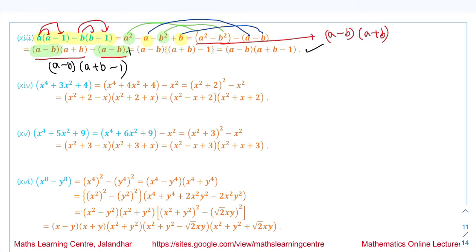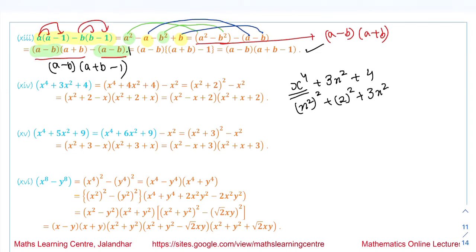In the next question we are having x raised to the power 4 plus 3x square plus 4. So x raised to the power 4 is there, and this 4 is there. You can consider this as x square whole square, and this as 2 square, plus 3x square.